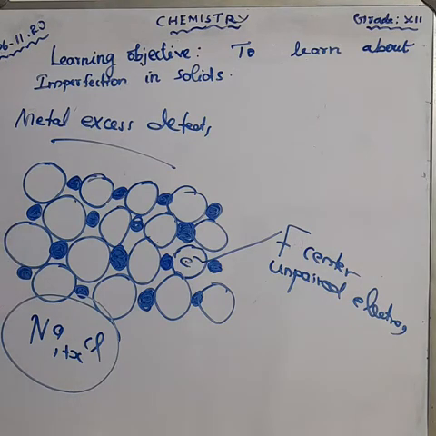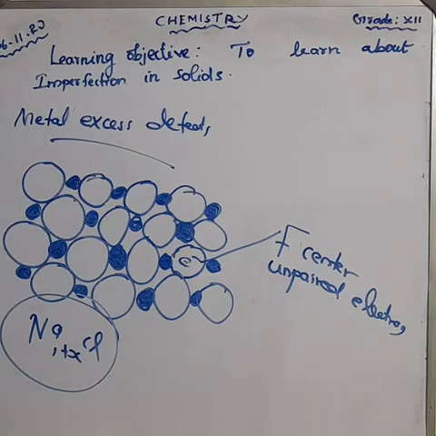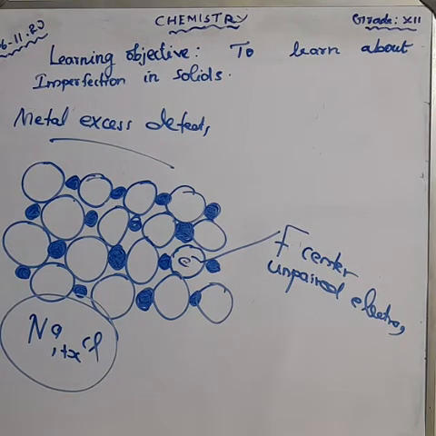The electron lost by the sodium vapor diffuses into the crystal lattice and occupies a vacancy created by Cl minus ion. Such anionic vacancies occupied by unpaired electrons are called F centers.